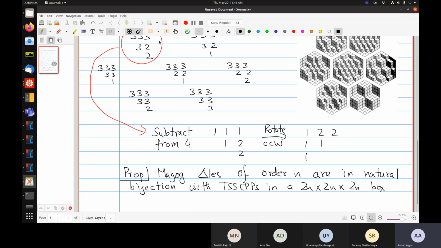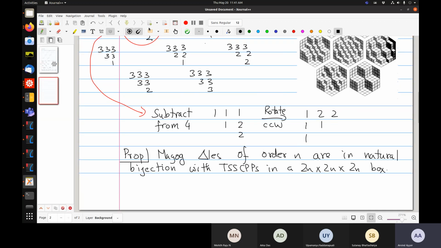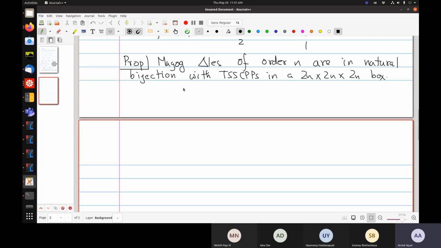Right, so this is a good encoding. And now I recall something that we had proved a long time ago.